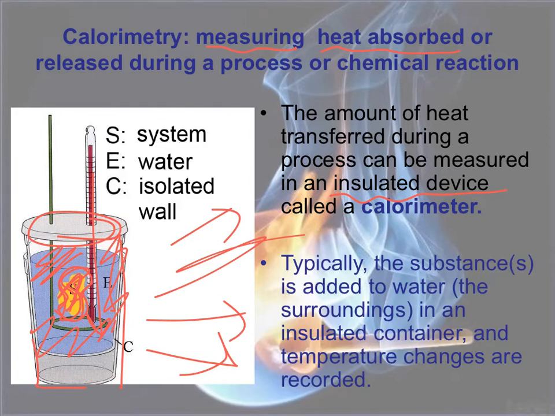You just have to remember then, for example, if the temperature of the water's surroundings goes up, what does that mean? That means that the system gave away heat, okay? Or in other words, the temperature of the system, if we could measure it, would have gone down if the surroundings go up. So there's some plus and minus signs and some inverse thinking to keep straight throughout this chapter of thermochemistry.